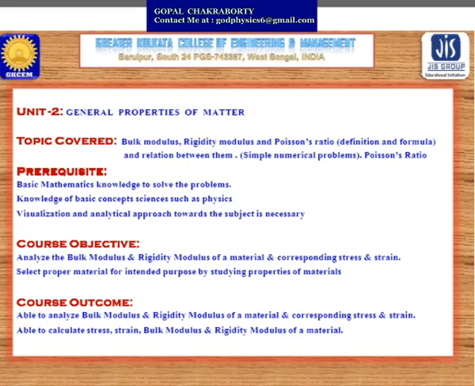After completion of this topic, students will be able to analyze bulk modulus and rigidity modulus of a material and the corresponding stress and strain. They will also be able to calculate stress, strain, bulk modulus and rigidity modulus for a given material. So these are considered to be the possible course outcomes.